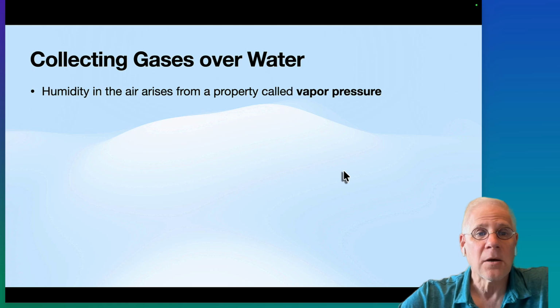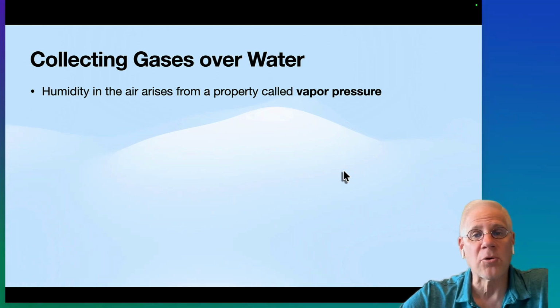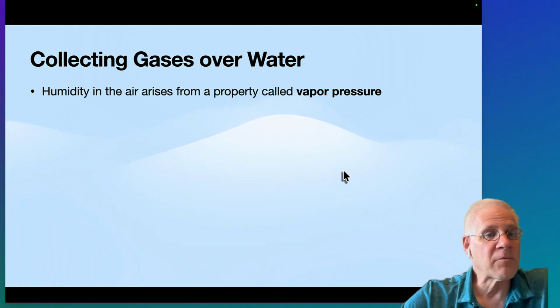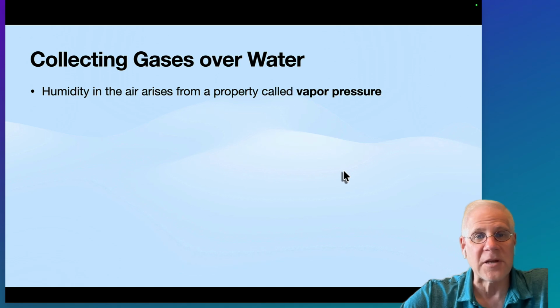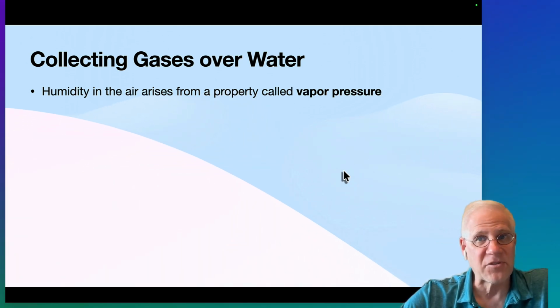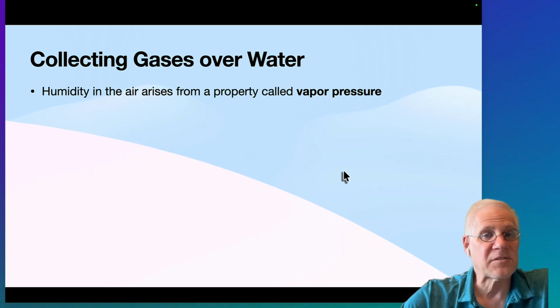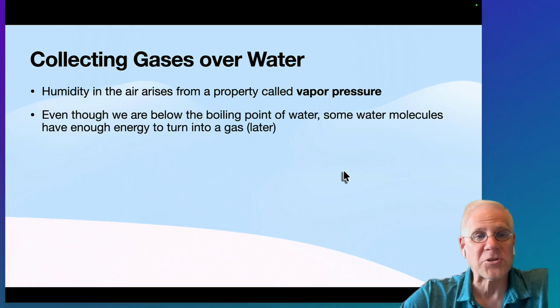Humidity in our air arises from a property called vapor pressure. Obviously, as we walk around in our everyday lives, the temperature is not 100 degrees Celsius. So how do we have any water in a gas phase at 25 Celsius or 20 Celsius? This is due to something called vapor pressure.